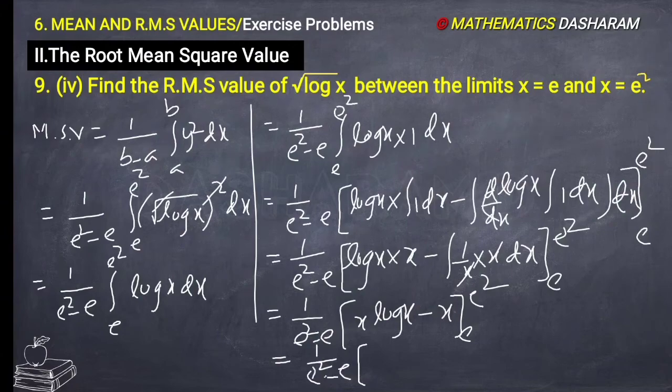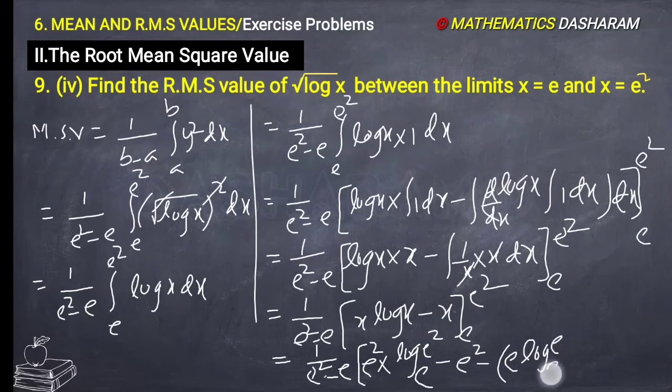So 1 by e square minus e, substitute the upper limit and lower limit: e square into log e square, and we know that the base is e, minus, e square minus the lower limit e into log e with base e minus e.